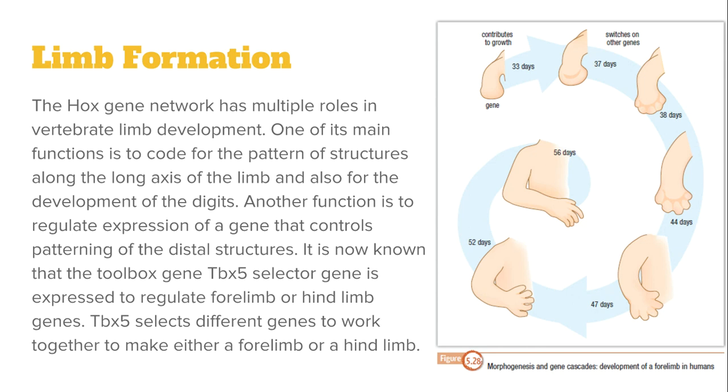In terms of limb formation, the HOX gene network plays many roles in developing the limbs of vertebrates, and one in particular is to code for the pattern of the structures along the axis of the limb, and then for the development of the digits.